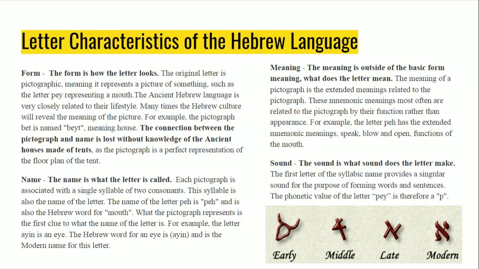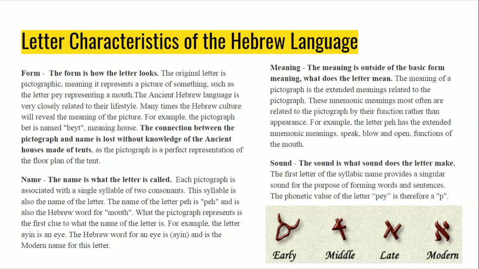For example, the pictograph Beit is named Beit, which means house. The connection between the pictograph and the name is lost without knowledge of the ancient houses made of tents, as the pictograph is a perfect representation of the floor plan of the tent.